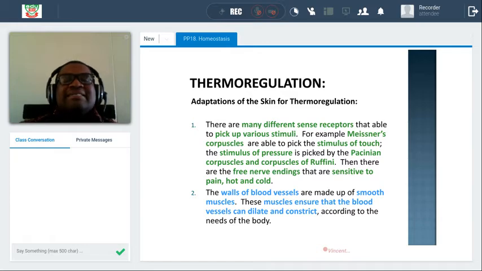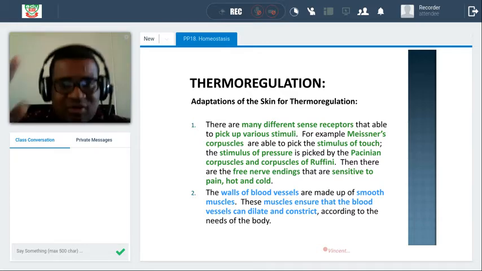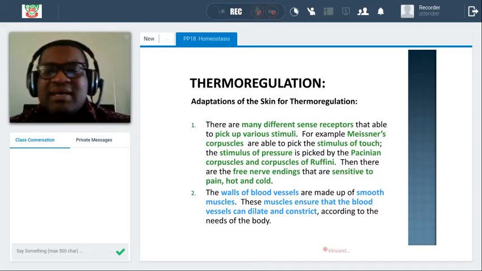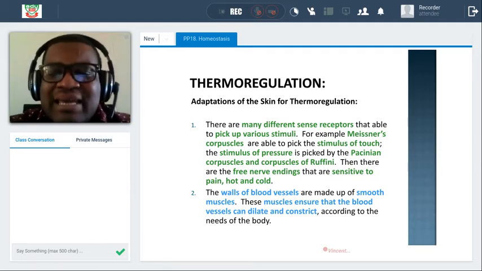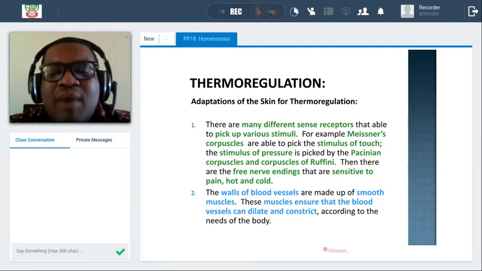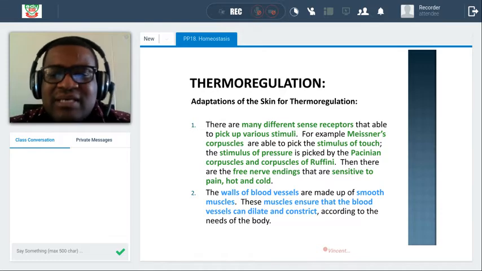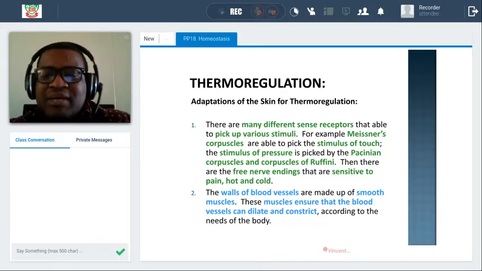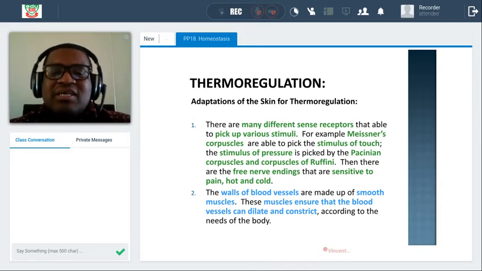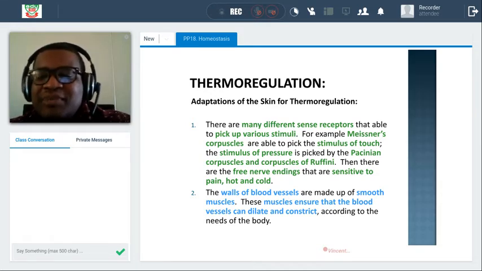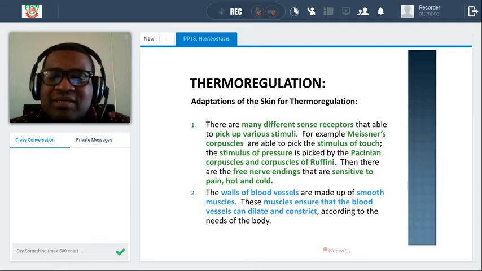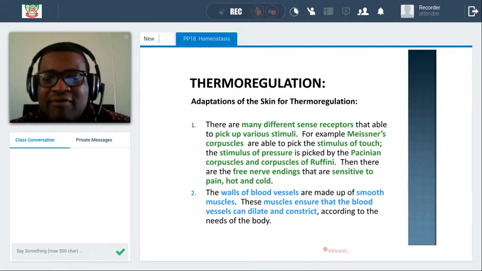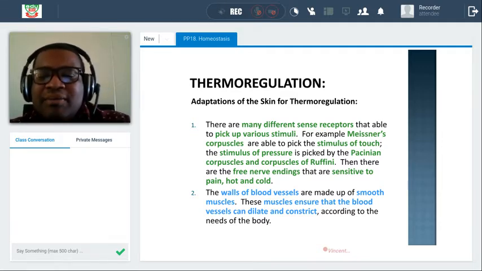So how is the skin adapted for thermoregulation? Take note of this. One, there are many different sense organs that enable it to pick up various stimuli. For example, there are Meissner's corpuscles that are able to pick up the stimuli of touch. The stimuli of pressure is picked up by the Pacinian corpuscle, and that of heat by the Ruffini corpuscle.